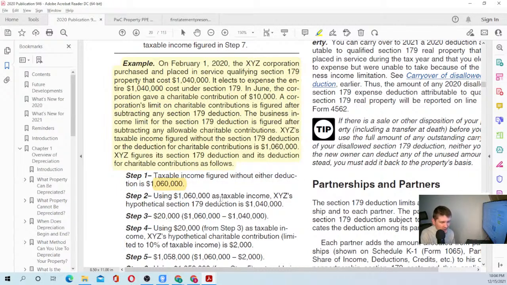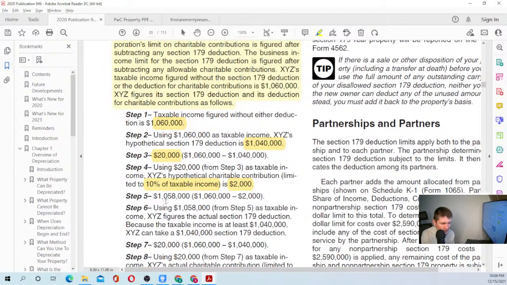Using 160 as taxable income, XYZ's hypothetical Section 179 deduction is 140. 20,000. So whatever is left after the deduction, and our charitable contribution is limited to 10% of taxable income, so it will be 2,000.